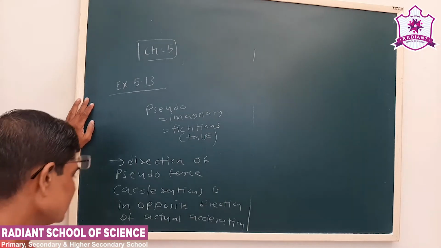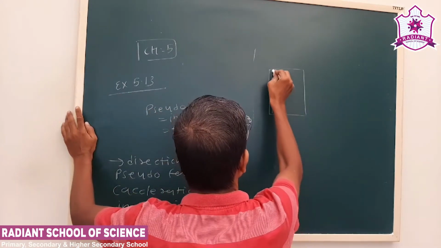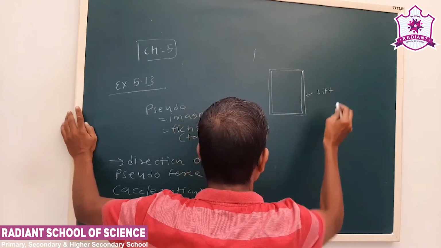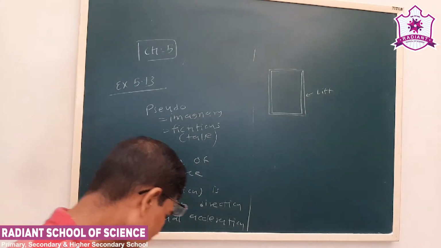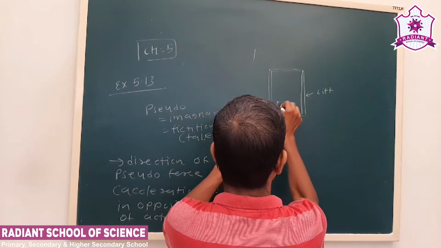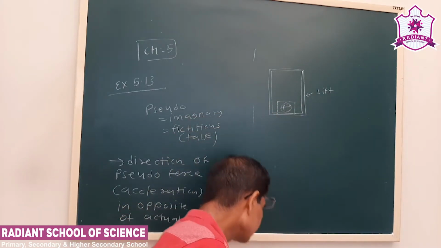First, see, a person of mass 70 kg is in a lift, and there is a weighing machine. A person is standing on it.